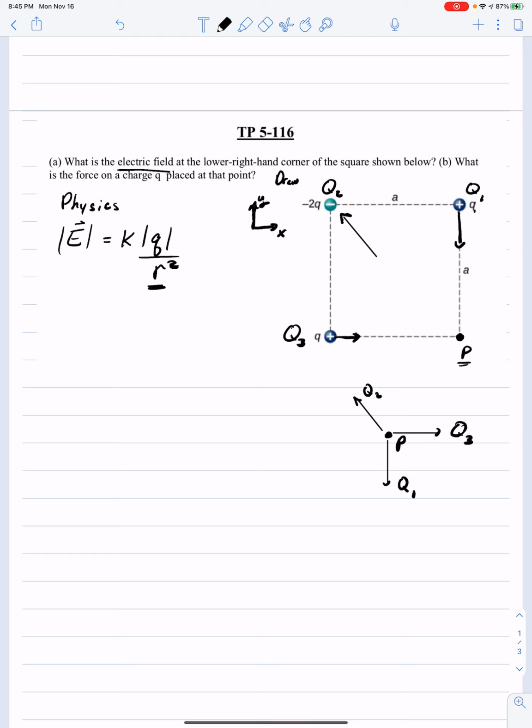Now, you can also solve for the angle. If you notice, this is an isosceles triangle because it has A's on both sides, equal parts.